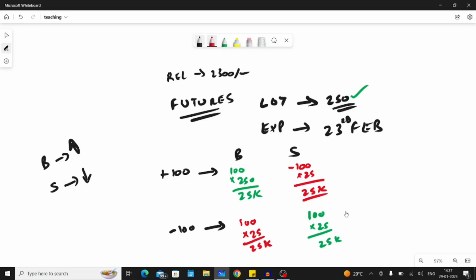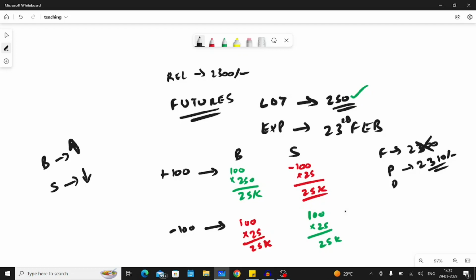But what happens here is the futures price need not be 2300, right? It can either trade at a premium or at a discount. So let's say the futures price is traded at a 10 rupees premium, 2310 rupees.